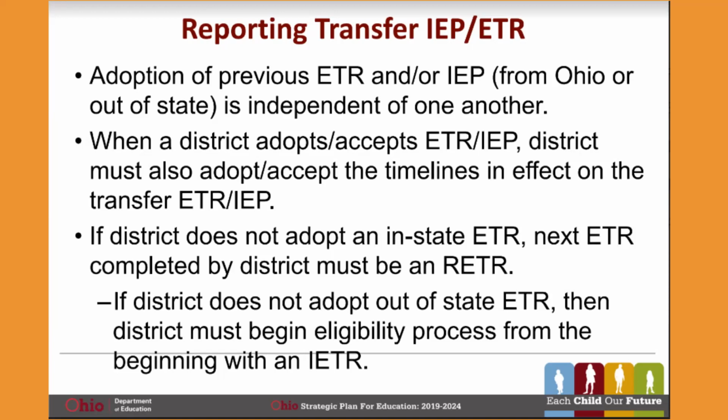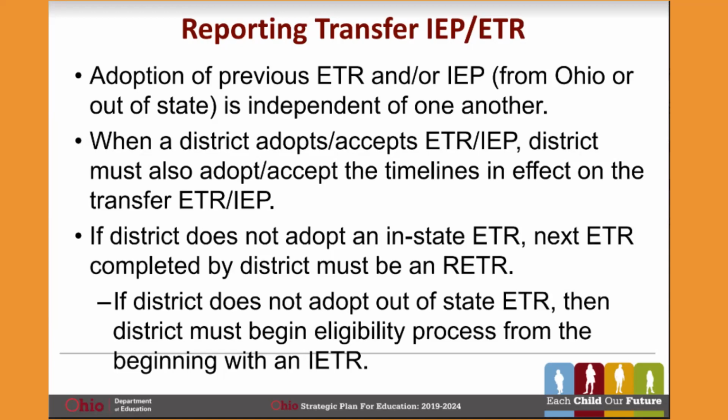And the reason is, as you can see here, this first bullet point, that when you are accepting and adopting or rejecting an ETR or an IEP, and it doesn't matter if it's within state or out of state, you are looking at those records independent of one another, which means the condition of one has no bearing on the condition of the other.